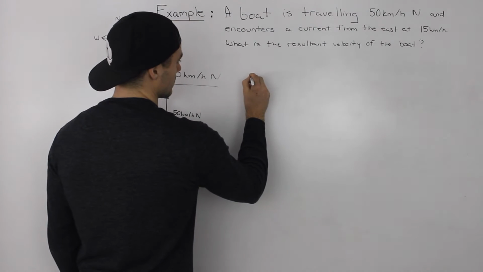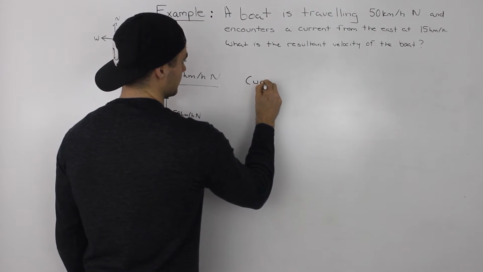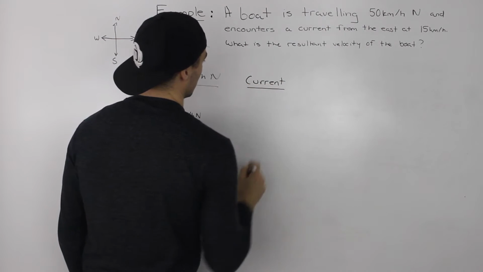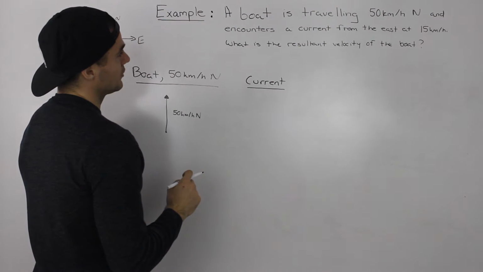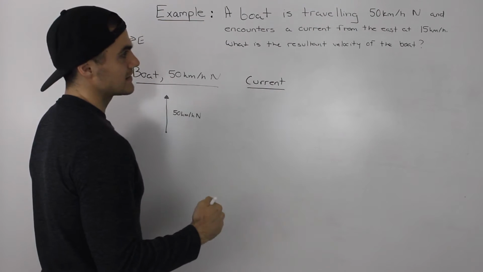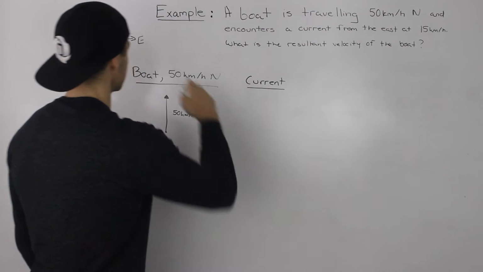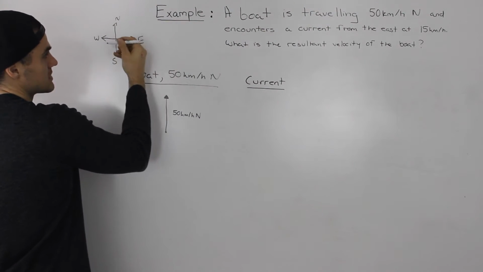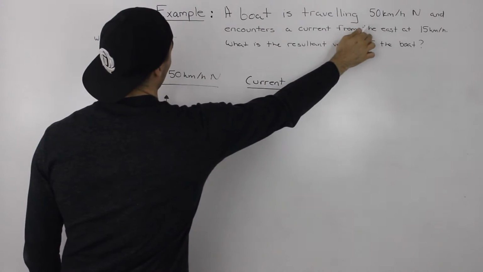Now let's deal with the current. What do they say about the current? The current is going at 15 kilometers per hour and it's coming from the east. It's coming from the east, so it's going west. You've got to watch the wording of the question.